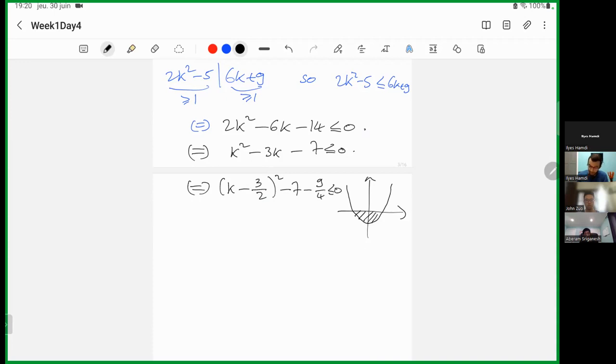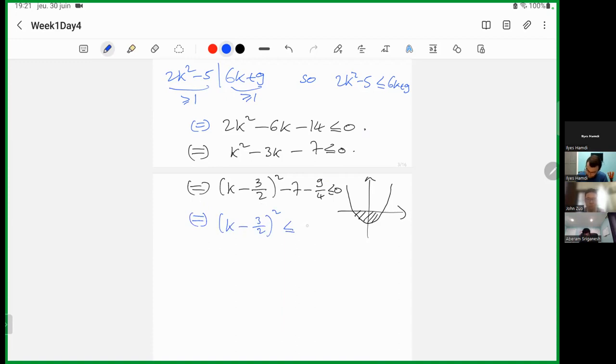So please stop me, guys, if you don't understand this part. I'm completing the square by adding 9/4, subtracting 9/4. And then my goal is to find an easy way of finding the values of k that are possible.